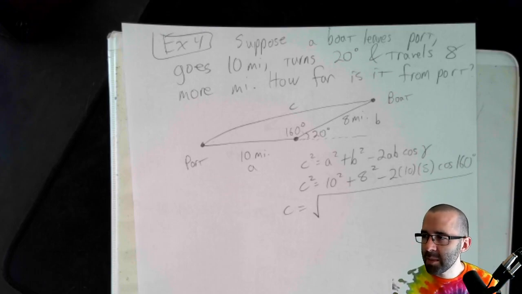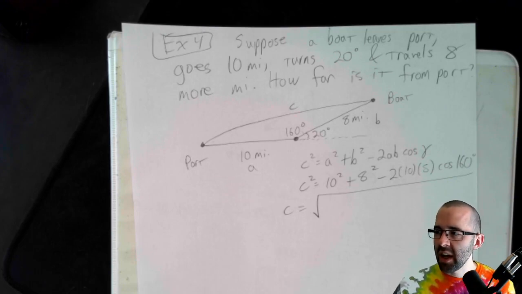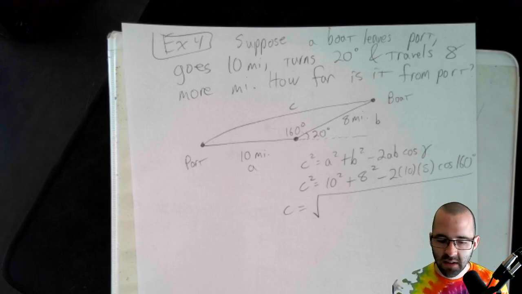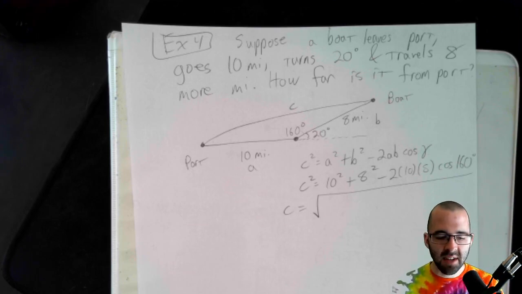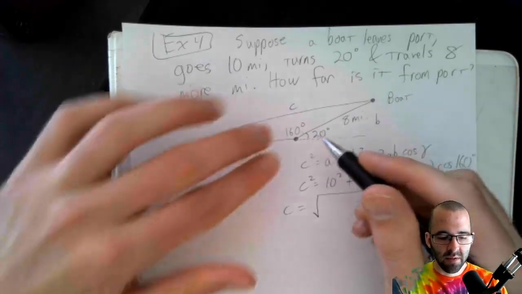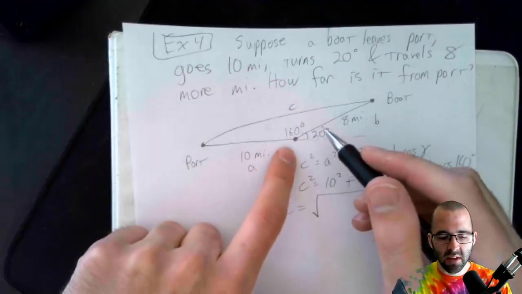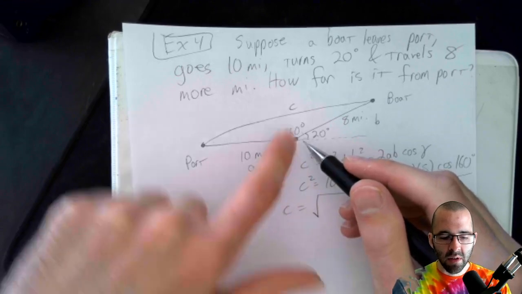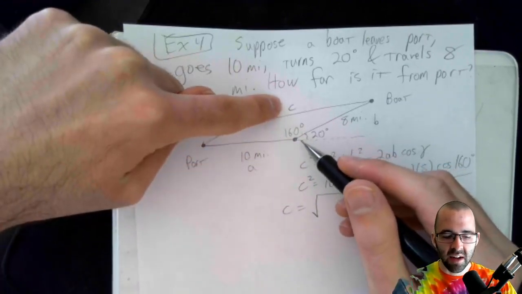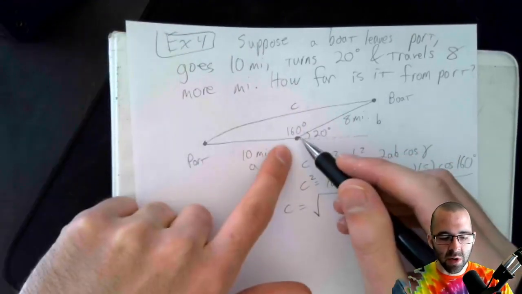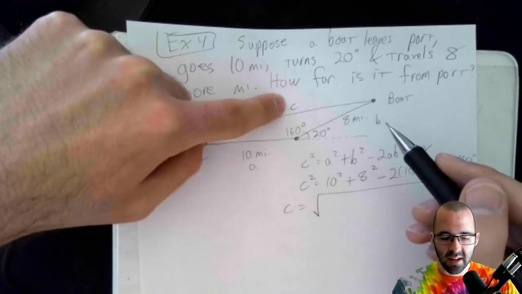How do you pick an opposite angle when the known angle is in the middle like this? So when I say opposite angle, 2 things. For law of sines, you pick an opposite angle that you know the opposite side of. But again, the only angle we have is here, and we don't know its opposite side.